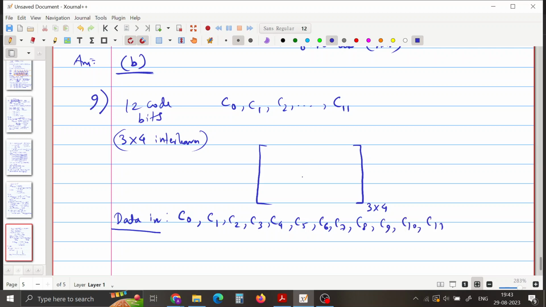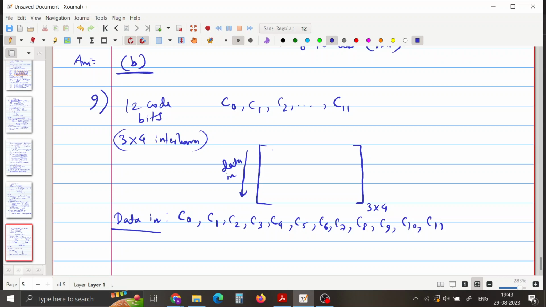And that data is written in column wise.